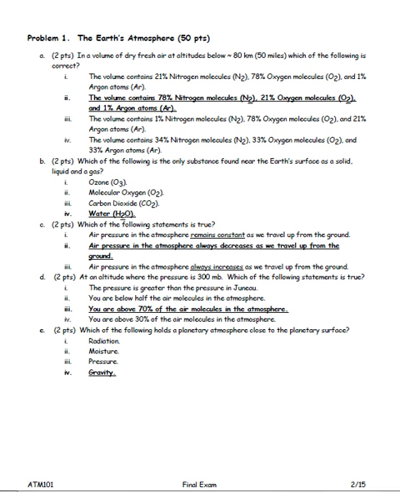1d. At an altitude where the pressure is 300 millibars, which of the following statements is true? And the answer is 3. You are above 70% of the air molecules in the atmosphere. At 300 millibars, you have started from the ground at 1,000 millibars. The whole atmosphere is above your head, and as you move up, there's 700 millibars of atmosphere now below you and 300 millibars of atmosphere above you.